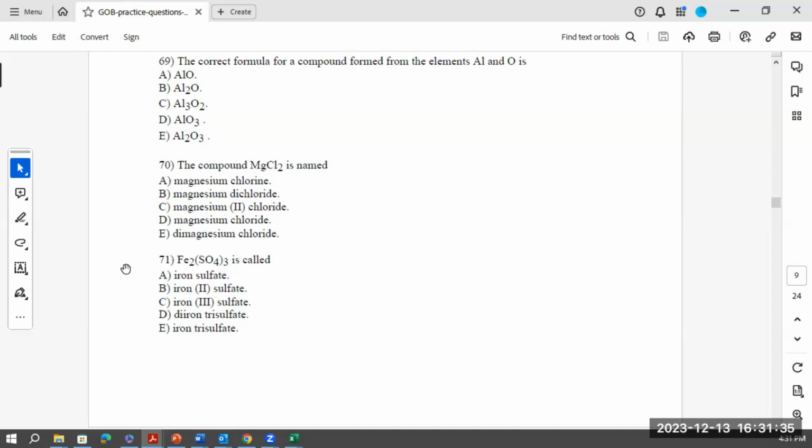Okay. Number 70. The compound magnesium chloride. Okay. Well, you guys know the correct answer.